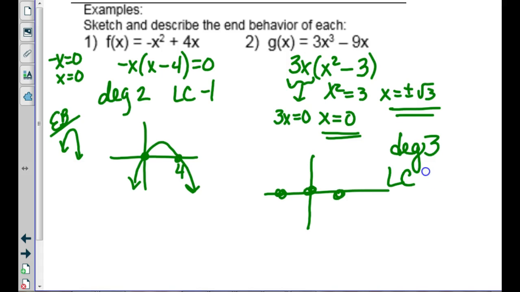So if it's a positive leading coefficient with an odd degree, where does it start on the left side? Starts from the bottom. If it had been a negative, it would have started from the top. All right, I really think that's all we were supposed to be doing on this. Let's see what's coming up here. Everybody got that?